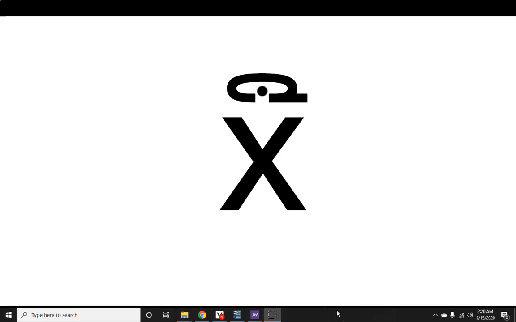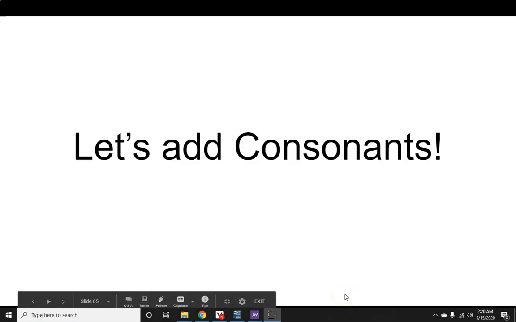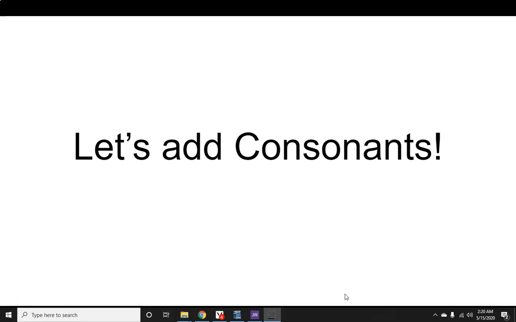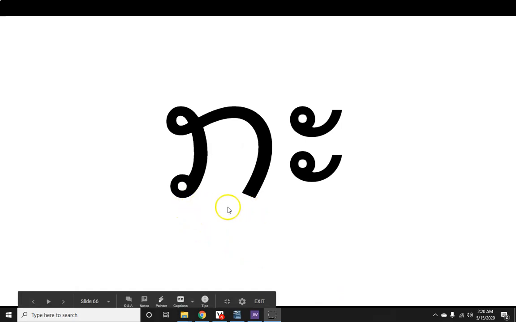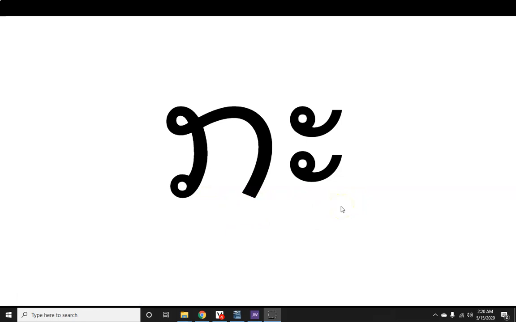Now, with those 6 vowels, you are ready to begin reading. So we're going to start making some sounds. We're going to add some consonants. Let's see what these vowels look like with consonants. We know this letter. So what is this sound? If you said ga, you are correct.